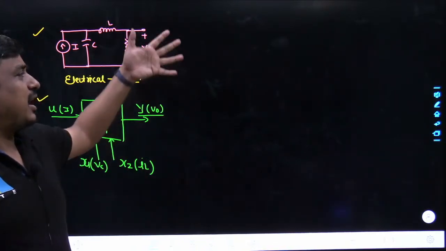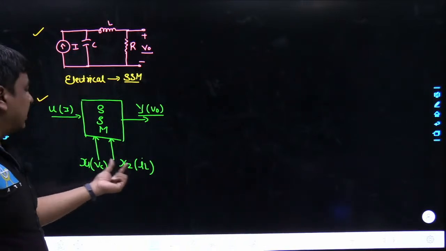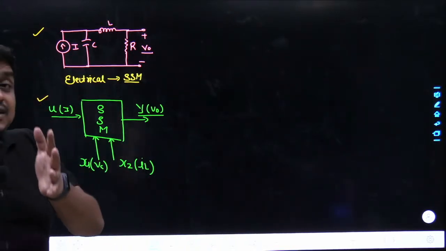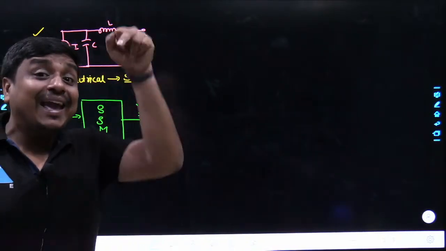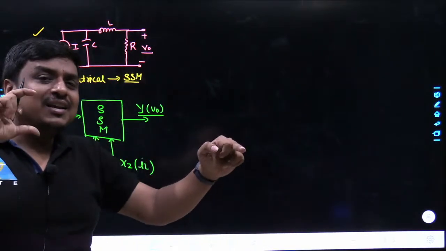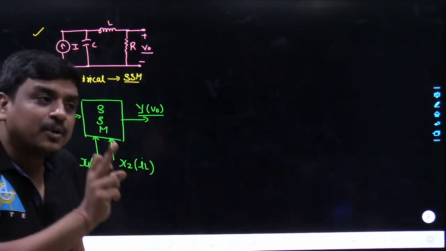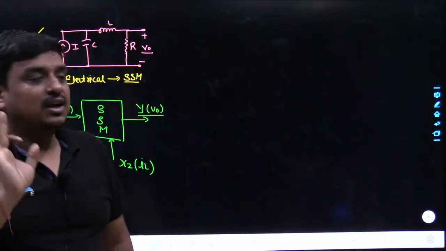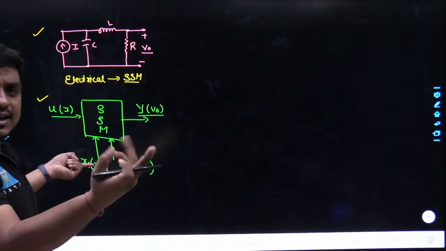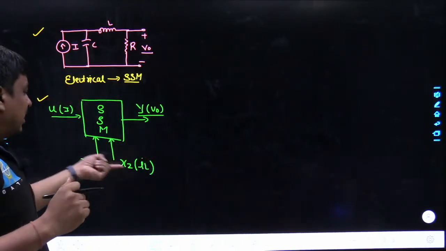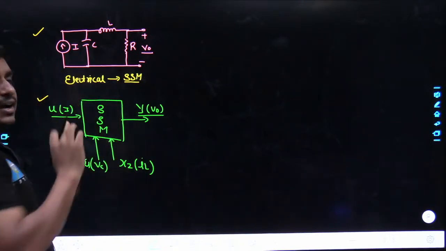So rather than writing the equation again and again, just focus on what would be the value of Vc dot as well as IL dot. But that value has to be rewritten in terms of, as you can see, x dot is equal to Ax plus Bu. That means the derivative of the state variable has to be written in terms of the state variables or the input. So I would be writing the derivative Vc dot in terms of IL, Vc, I. Similarly, the derivative IL dot in terms of Vc, IL and I. Agreed?